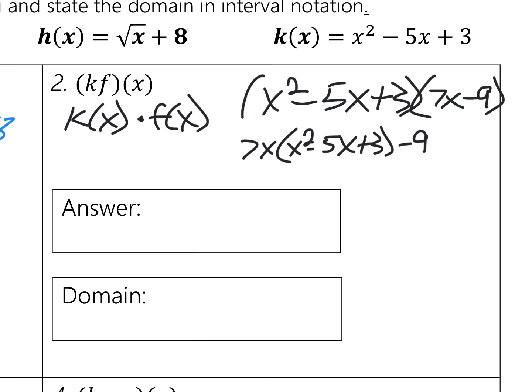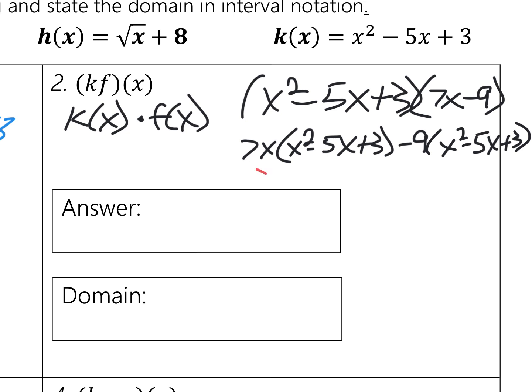And again, you can set it up differently. It's similar to the FOIL method, but it's not really first, outside, inside, last because we don't have a binomial times a binomial. We have three terms. So x squared minus 5x and then plus 3. We've got to multiply all those. So now I'm going to go ahead and do this multiplication. We're going to distribute these two terms to all three of these terms.